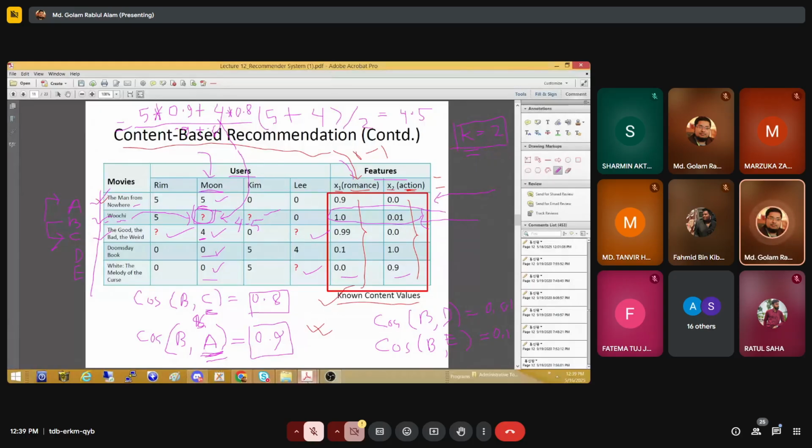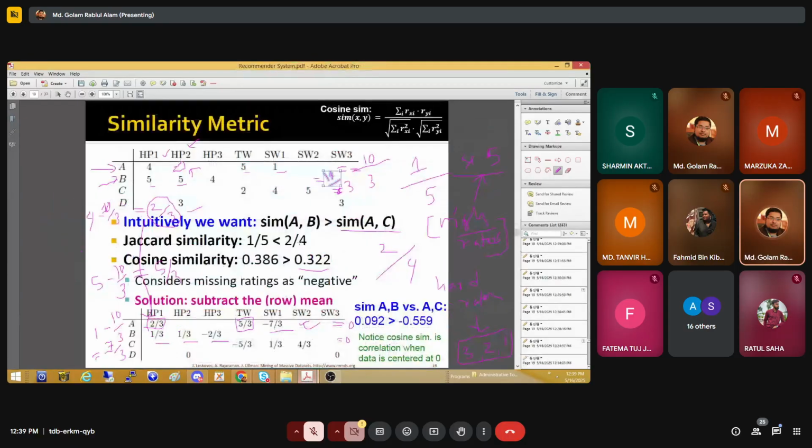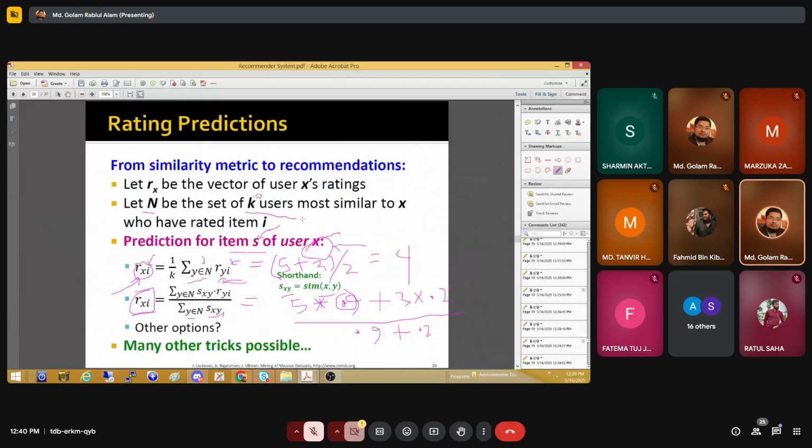But in the case of collaborative filtering, we don't need the features of each and every movie. So this is one of the good things in collaborative filtering.